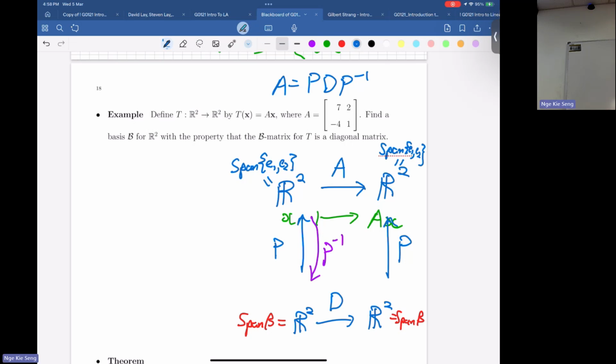Change of basis of R2. So let's try to work this out. Let's see if we can work this out.